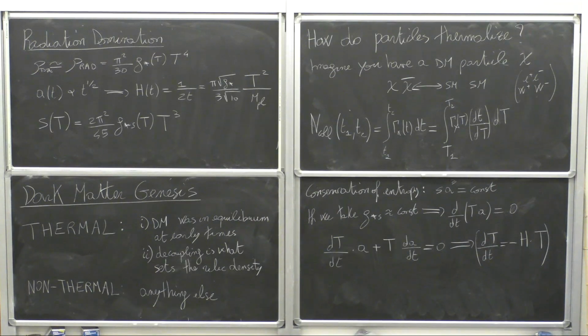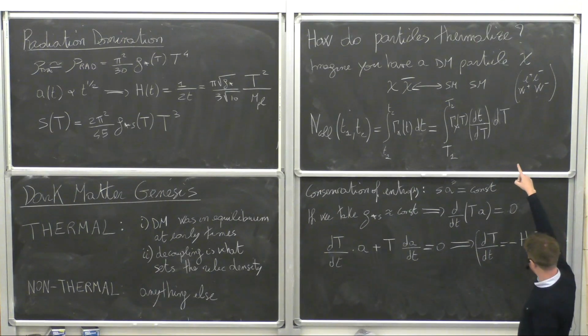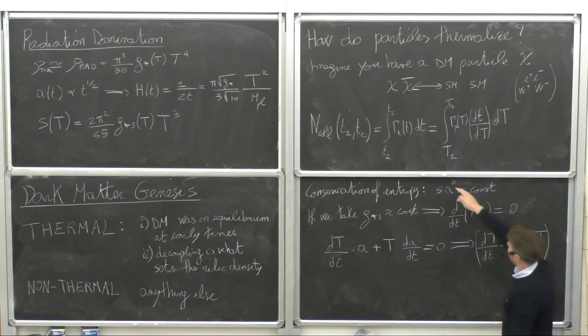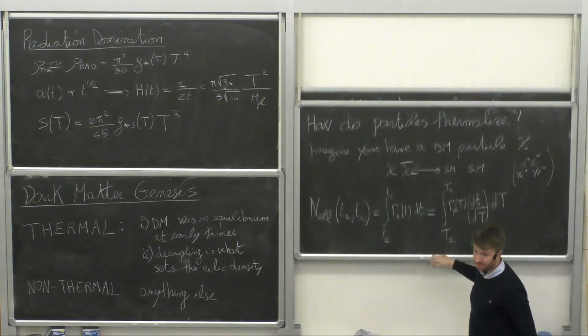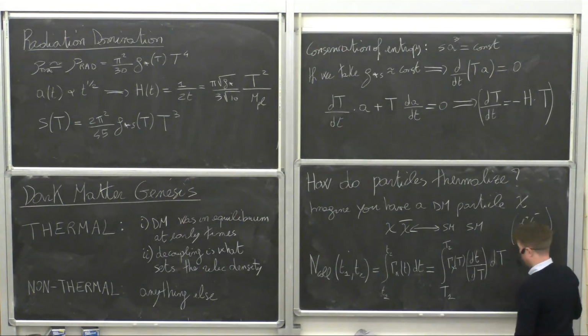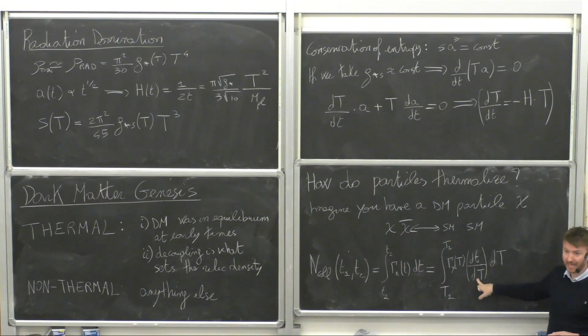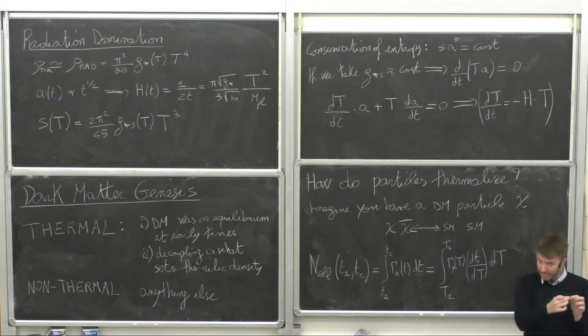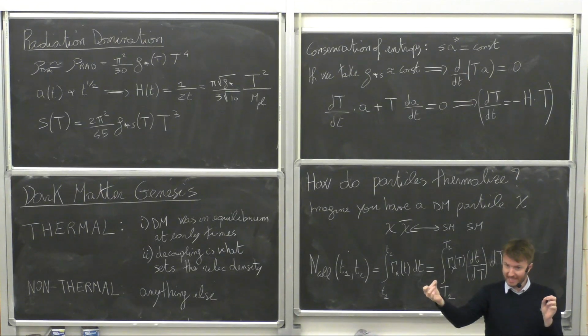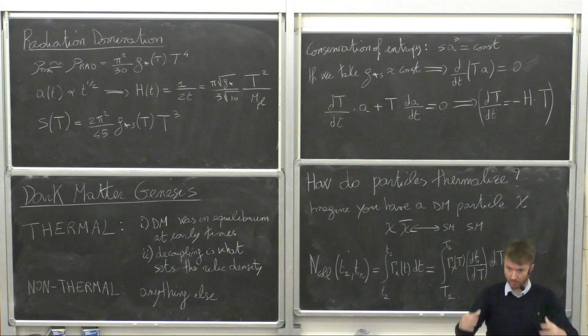Okay, so now I can go back to this integral. When I apply the Jacobian here, I get a minus sign. This minus sign makes sense, because as the time is going forward, the temperature is going down. Because as the universe expands, it gets colder.